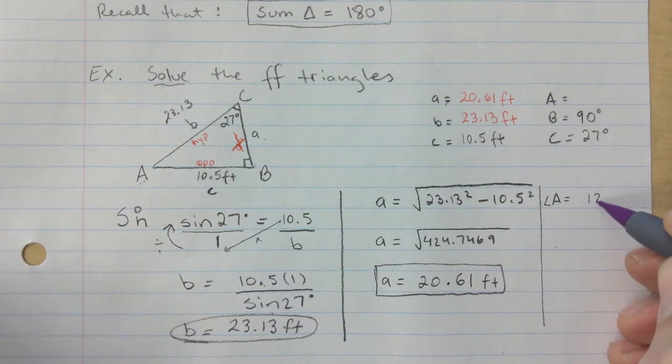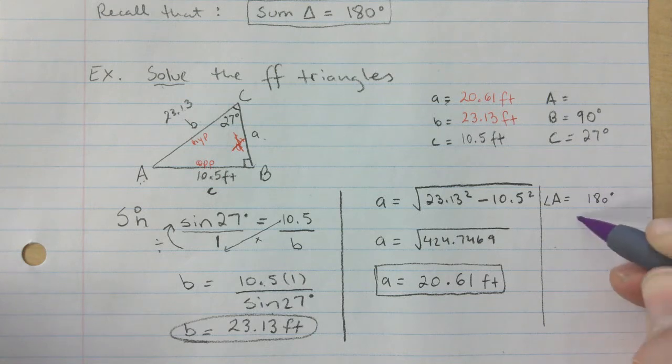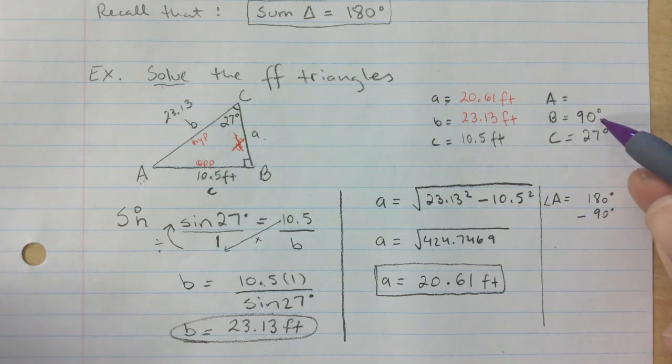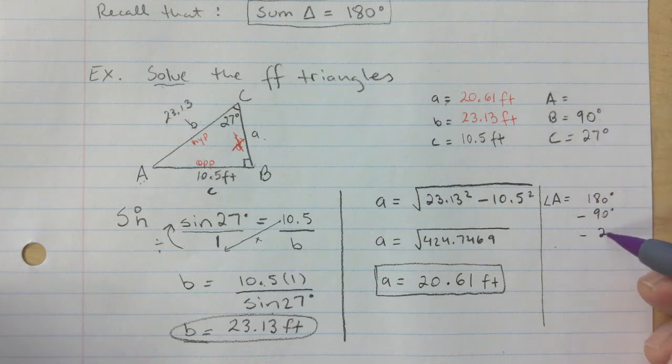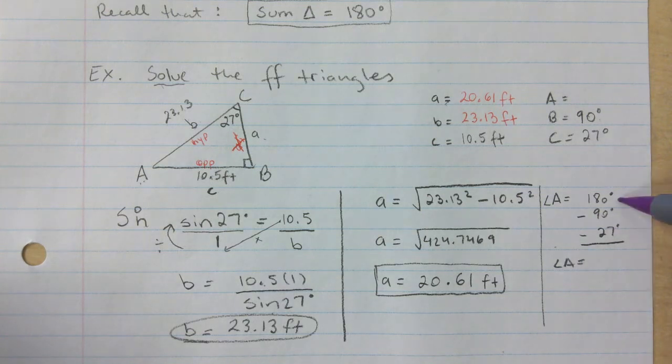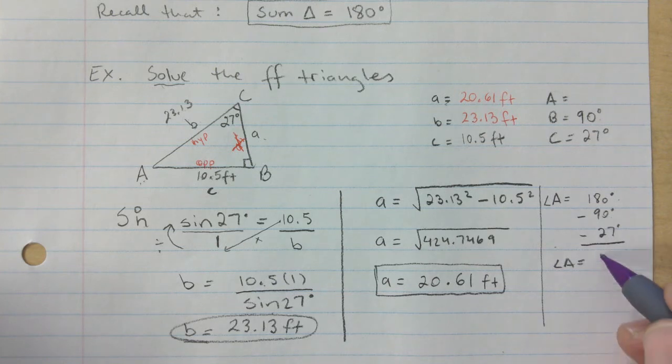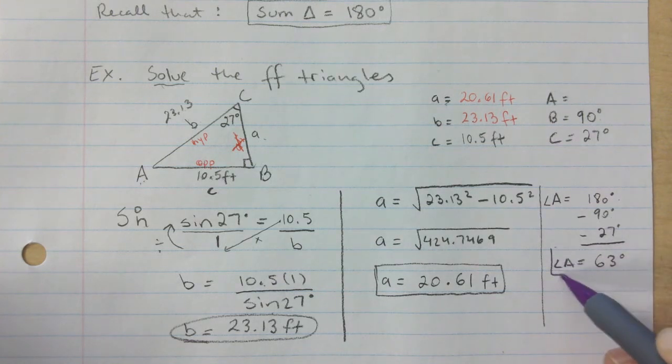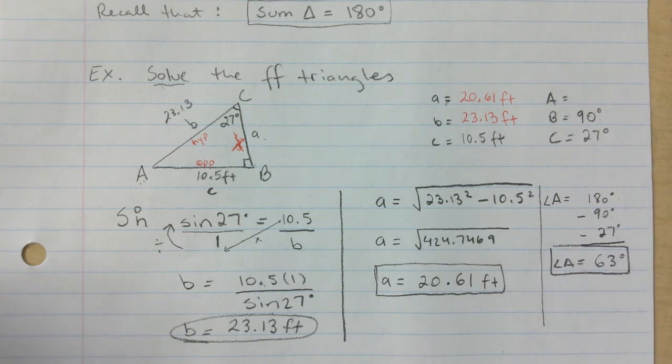So we're going to go 180 minus 90, which is that angle there, minus 27, which is that angle there, C, and whatever is left over is what angle A must be equal to. And I don't know if you know that 180 minus 90 is 90, right? So it's basically 90 minus 27. And that's 63 degrees. Up here, 63 degrees.